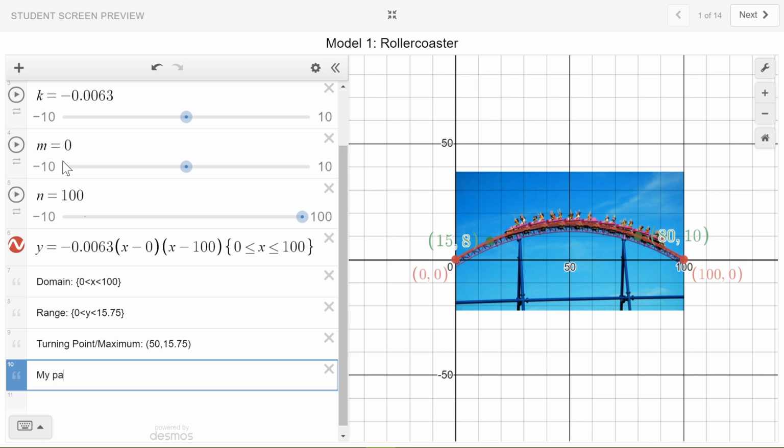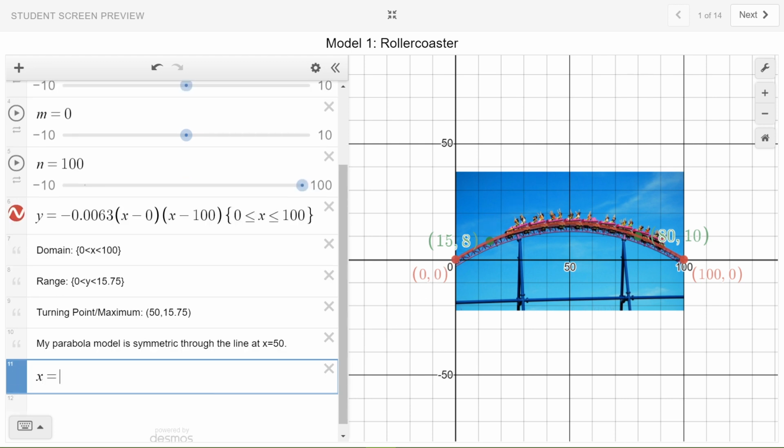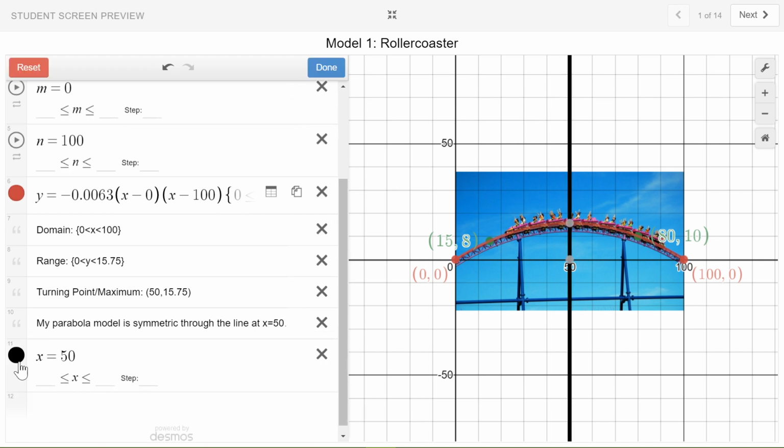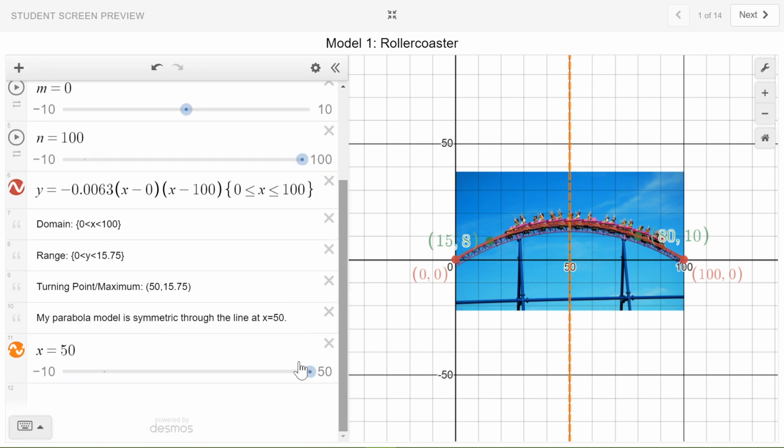My model is symmetric through the line at x equals 50, because if I were to write x equals 50, you can see there's a line and you can see it's symmetric through that line. 1, 2, 3, 4, 5.